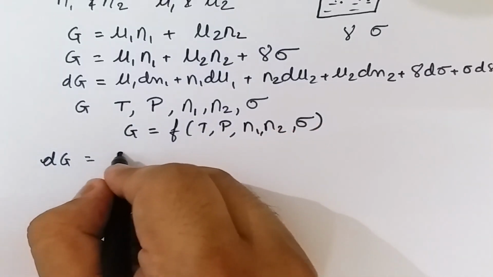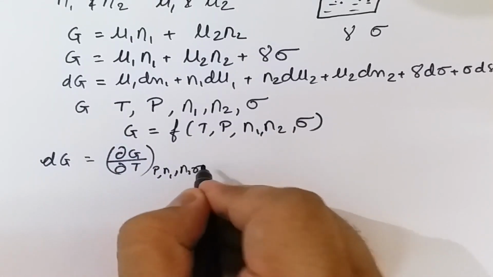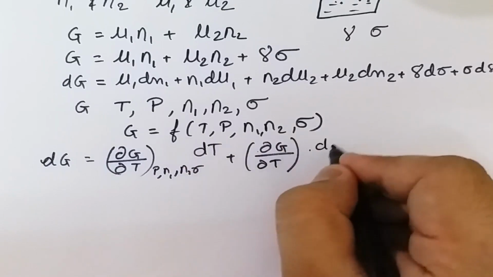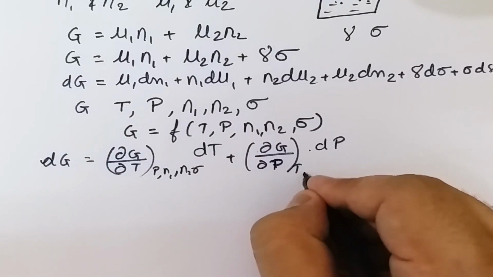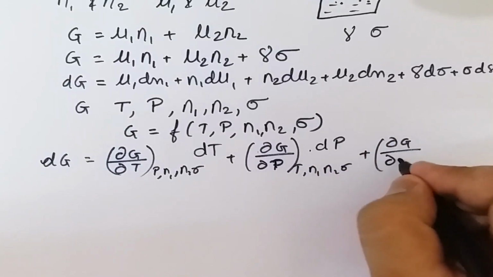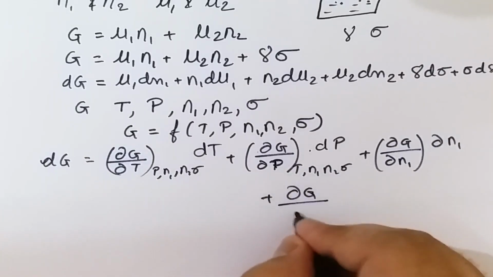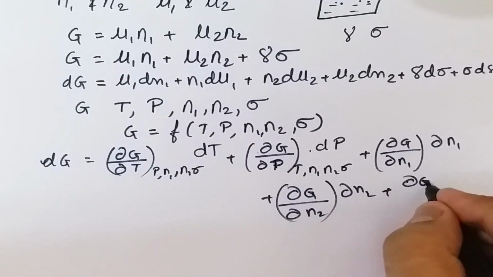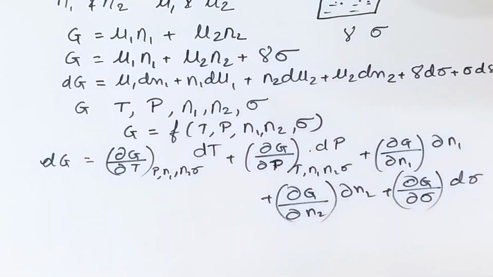I can write dG is equal to (dG/dT) with P, n1, n2 and sigma constant, times dT, plus (dG/dP) with T, n1, n2, sigma constant, times dP, plus (dG/dn1) times dn1, similarly (dG/dn2) times dn2, plus (dG/dsigma) times dsigma. So these are the differentiation parts.